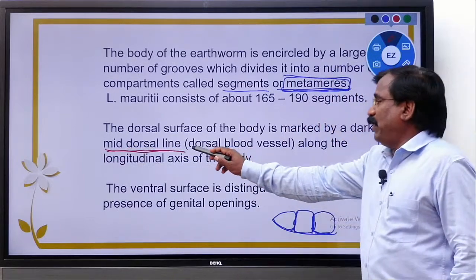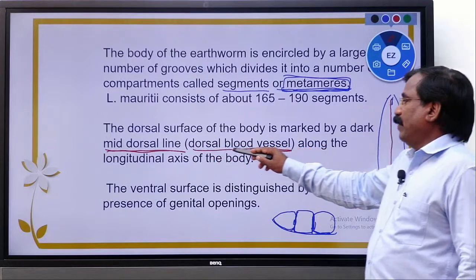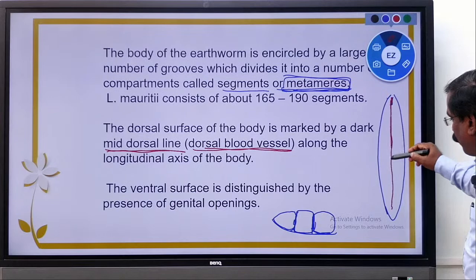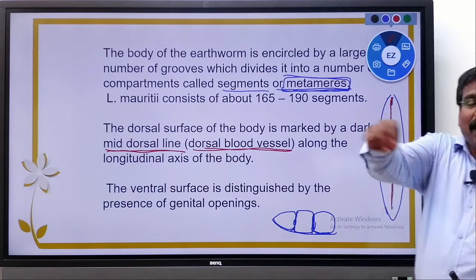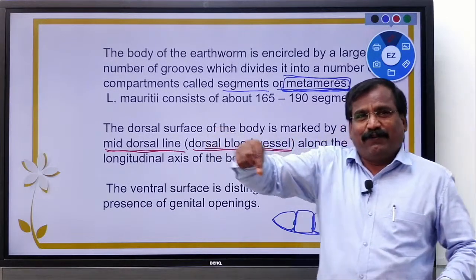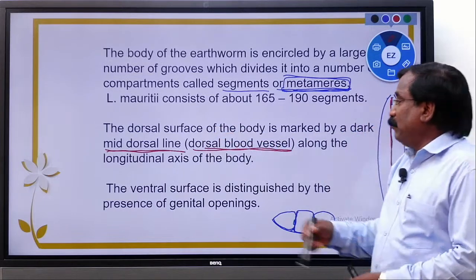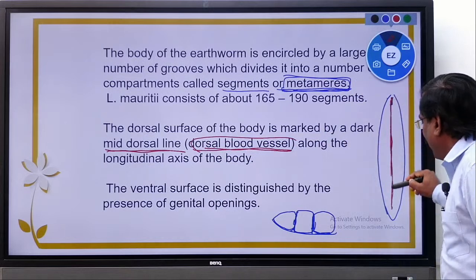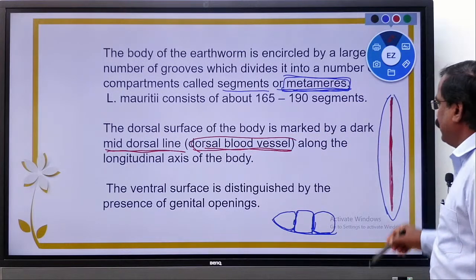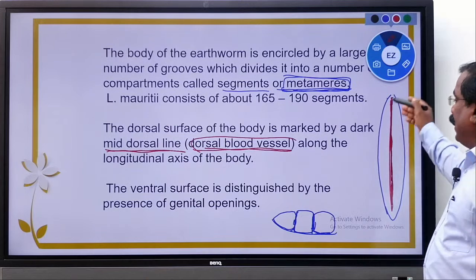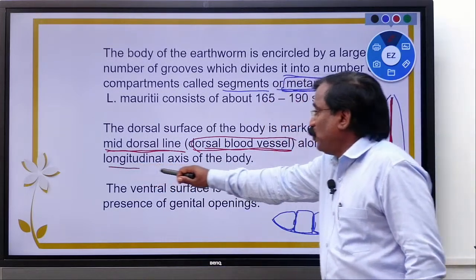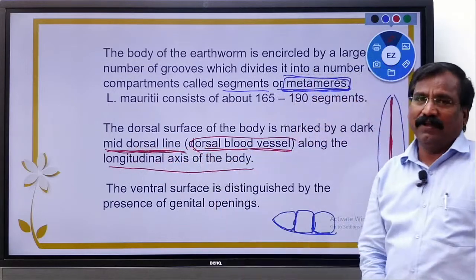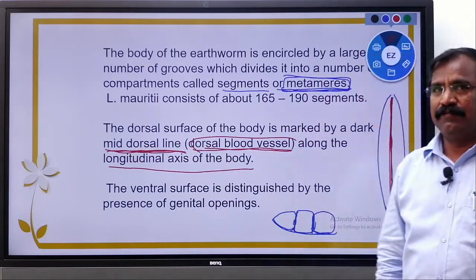That is the dorsal blood vessel, which runs the entire length of the body. It is nothing but the dorsal blood vessel, the longitudinal axis of the body that is seen, called the mid dorsal line.